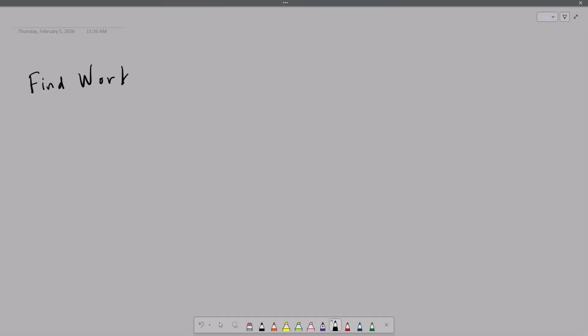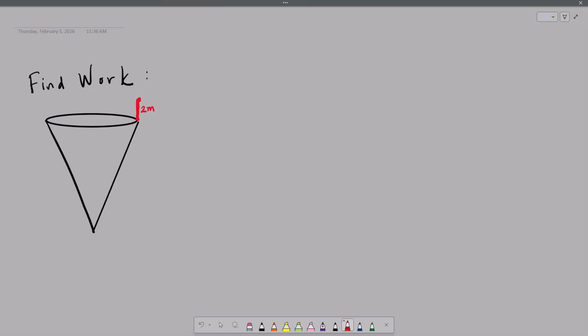Find the work. Here is our vessel. We are going to do a cone. And we are going to empty the water out a little pipe that's 2 meters tall.